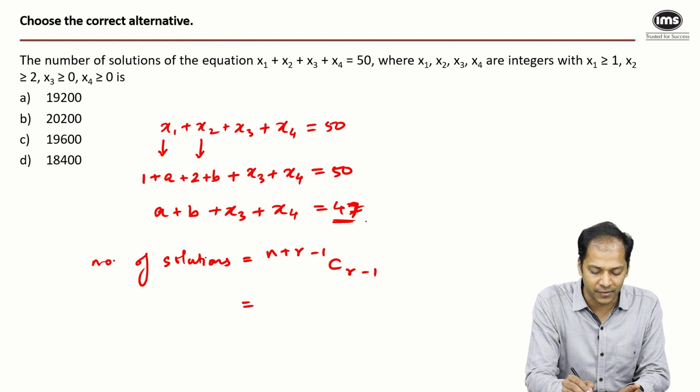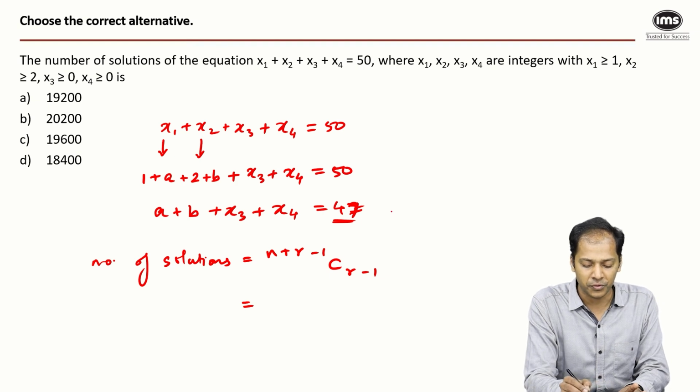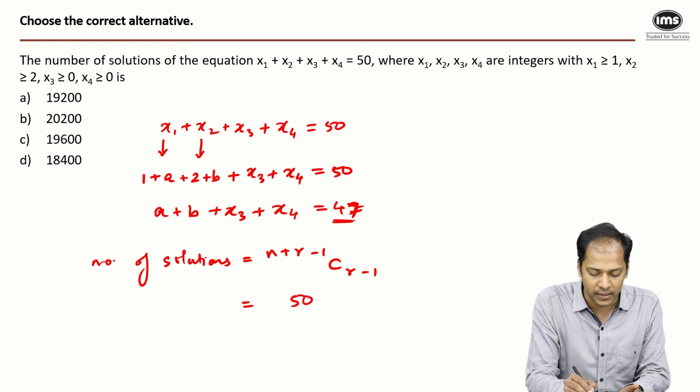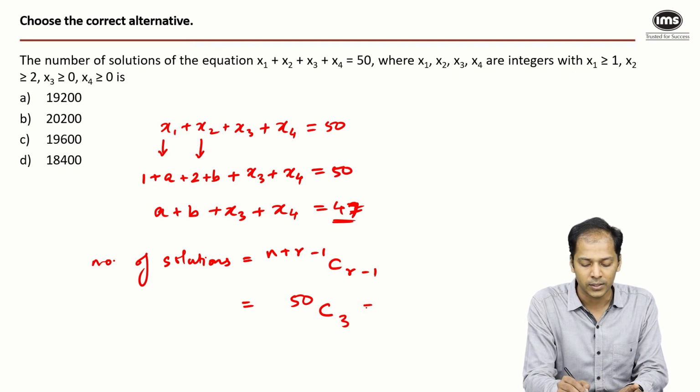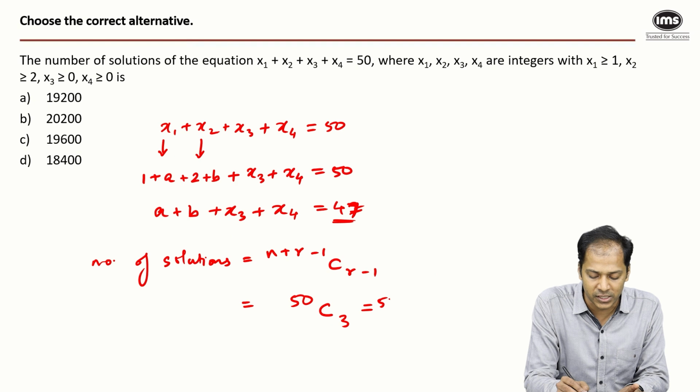That will be 47 plus 4 minus 1, that is 50, C, 4 minus 1, that is 3. So the answer is 50C3, and we just have to do the calculation.